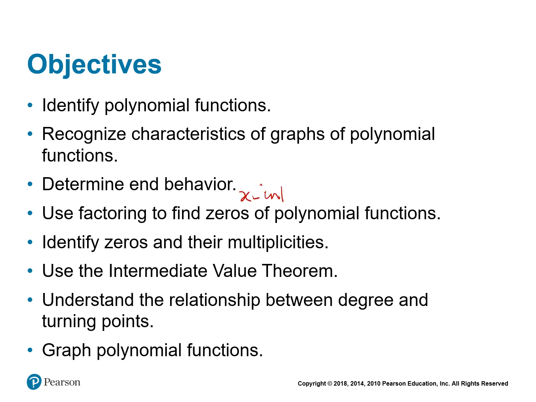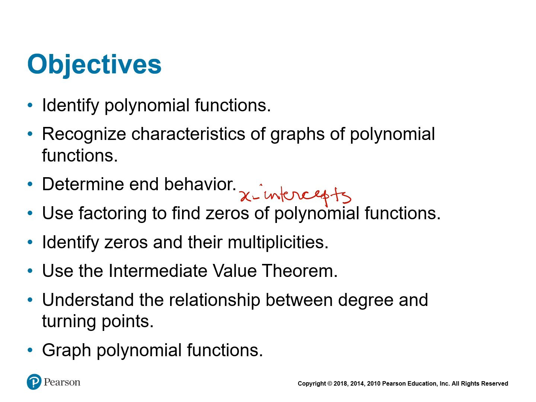When we say find the zeros of a polynomial function, we are actually talking about finding the x-intercepts of the graph of the function. We saw how to find the x-intercepts in quadratic functions.